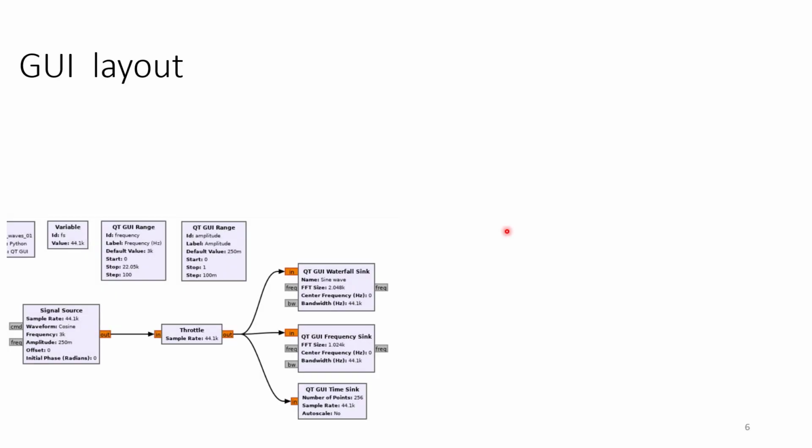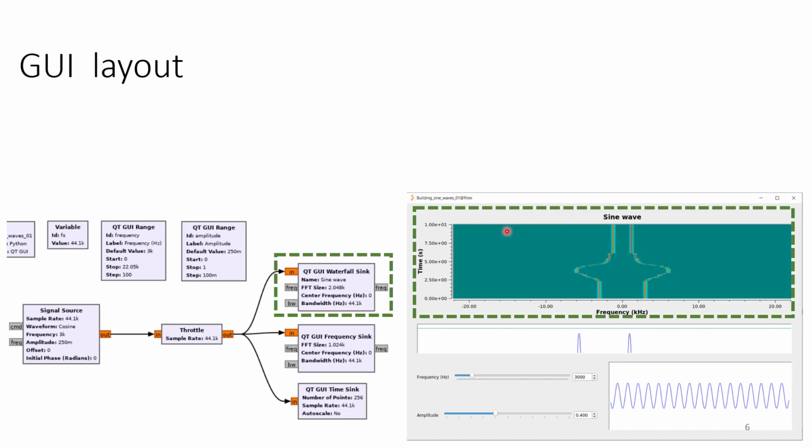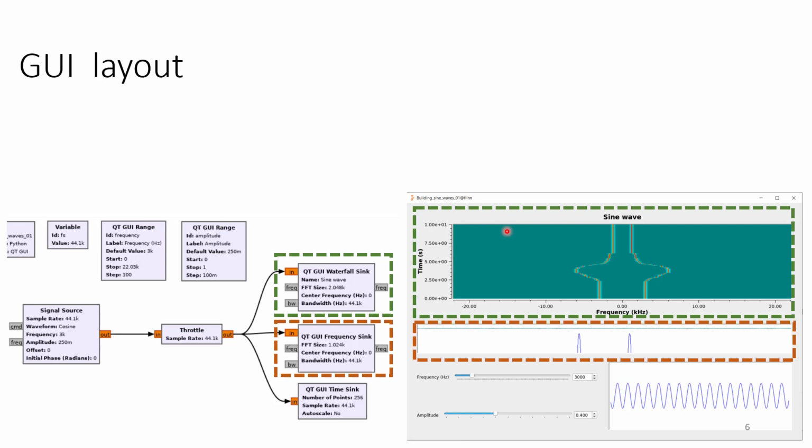The way to use them is to first decide how we want the GUI to be laid out. So for example, I want the GUI to look like this, where the waterfall plot is at top because it has the most amount of information of both the time and frequency. And then after that, I want the frequency along the same horizontal axis.